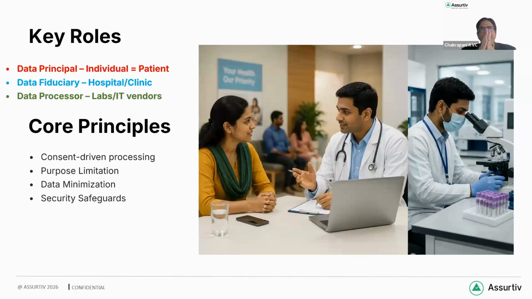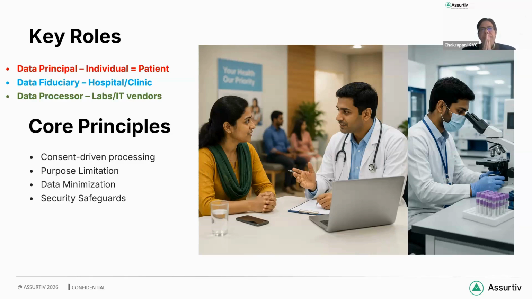Now I would like to give you a brief on the key roles in a hospital, a clinic or a health tech industry. There are multiple roles, but we are going to discuss the key terminology. Data principal: any individual like you, me, or whoever provides the data. In a hospital or a clinical research organization, it's the patient, who is called the data principal in DPDP Act terminology.